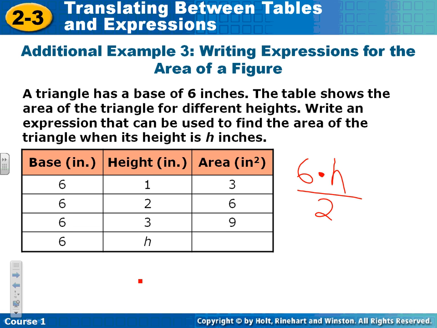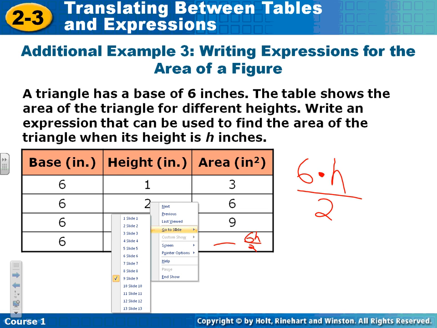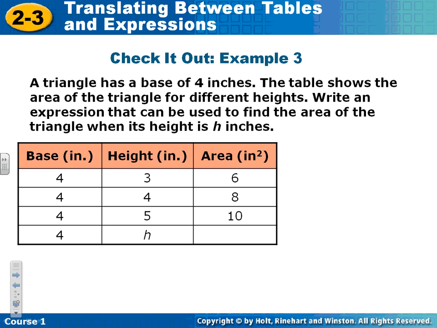So someone tell me what goes in this box. Shorten it up. 6h over 2. Because h is the one that's changing. That one was a little harder. I thought we'd come up with an easier one.